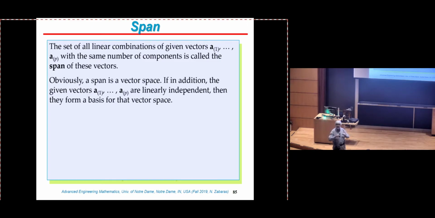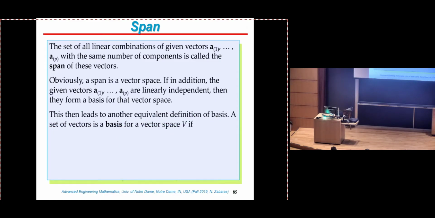This is how I define it. So if I take P independent vectors, what's the dimension of the space that you're generating by taking combinations of these vectors? It's P. So in that case, these vectors form a basis of the vector space that we're referring to, okay?